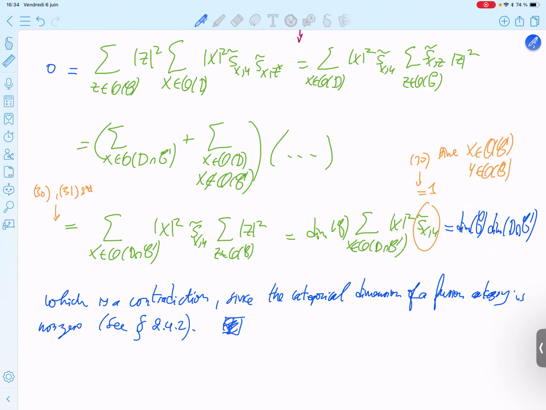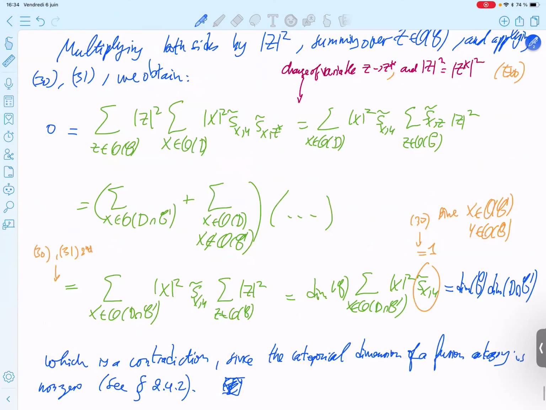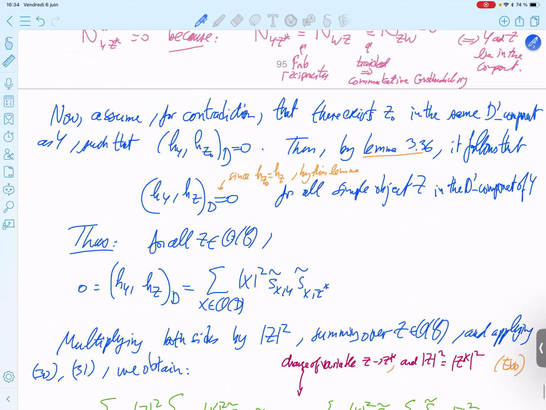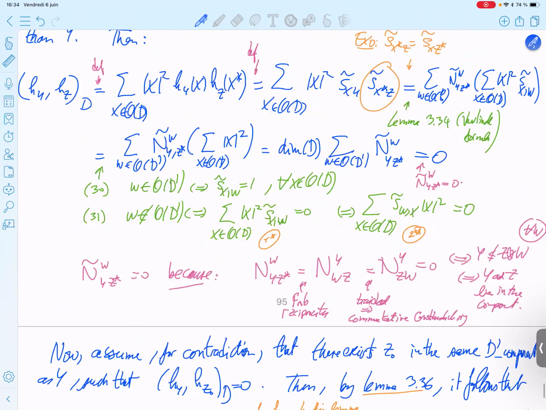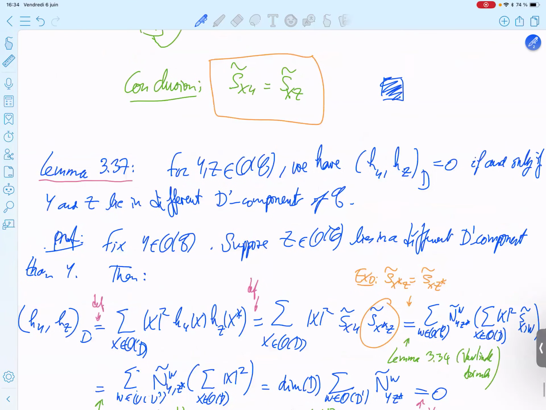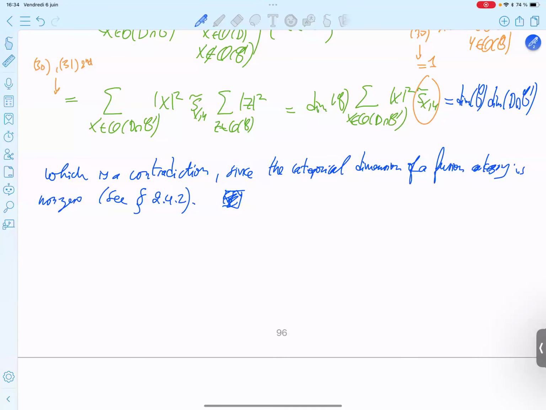So we are done. We proved that orthogonality is equivalent to being in different D prime components. Okay. So now we can conclude the proof of theorem 3.4.